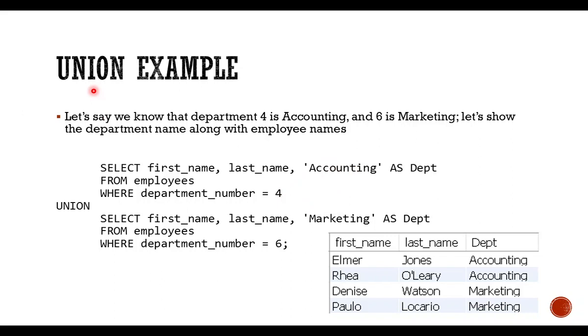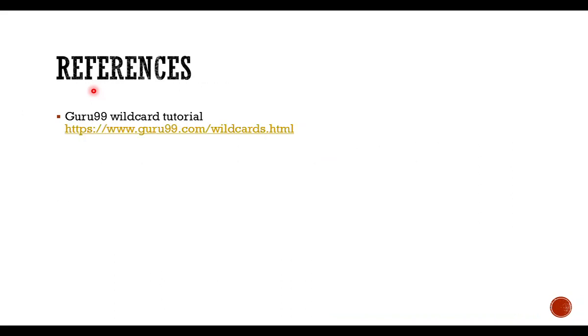Who knows, maybe it's still in there. So just wanted to cover that so you know it exists, and if you have to use it, you'll have a reference. The last slide that we have here is just references. If you want to know something more about wildcards, there is a reference here, and sometimes I'll provide that at the end of the slides.